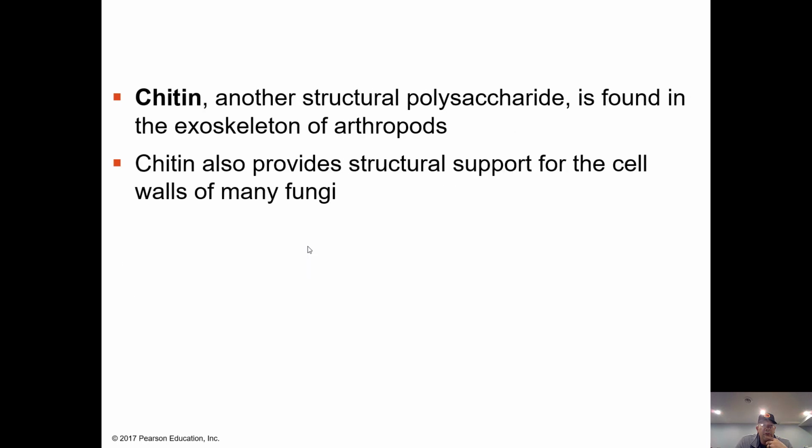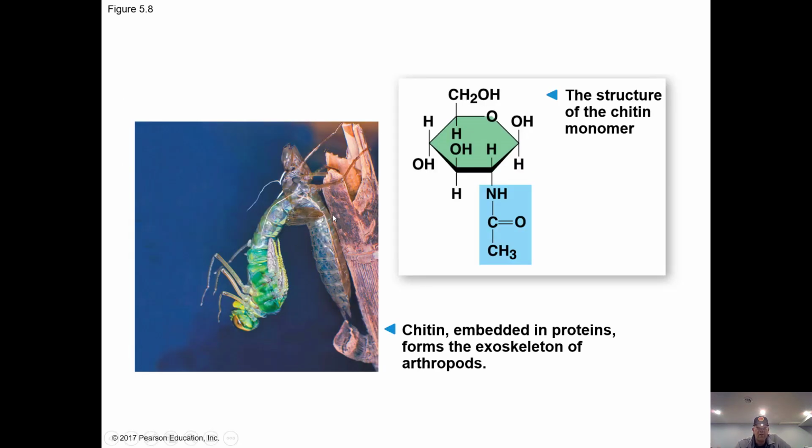So sorry, I want to go over chitin, which is another structural polysaccharide. It's actually what we call an amino sugar. So chitin is found in the exoskeleton of arthropods, and it's found in the cell walls of fungus. So here you can see this looks like a dragonfly of some sort.